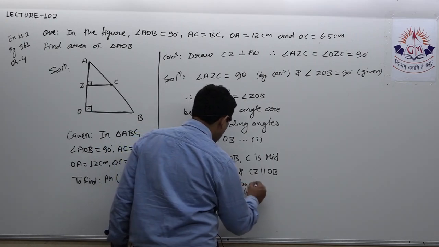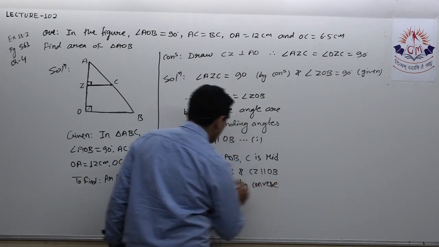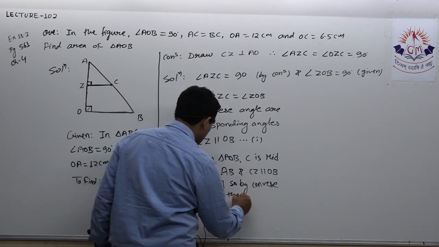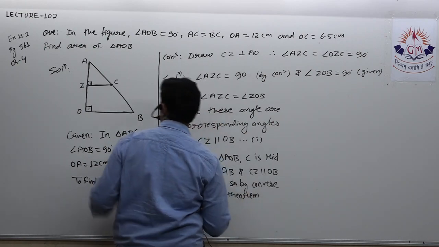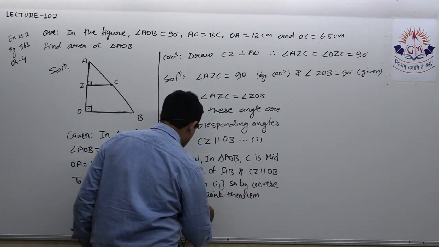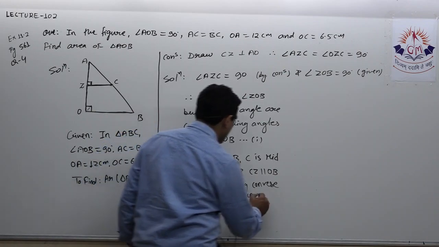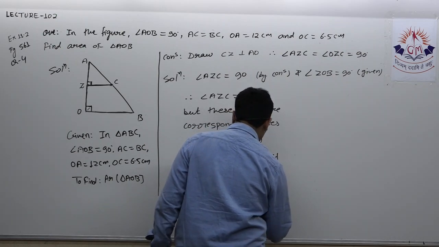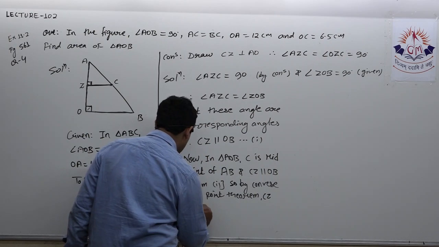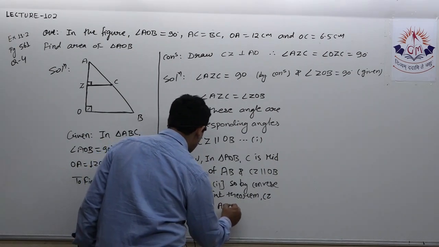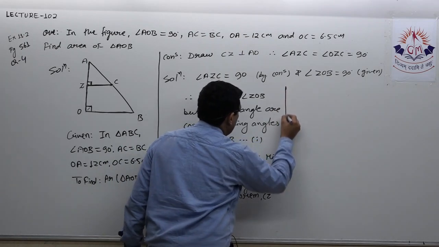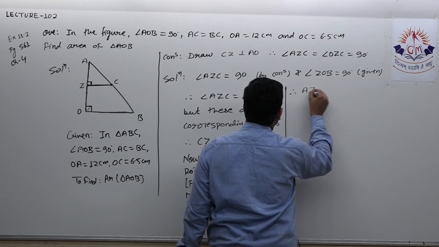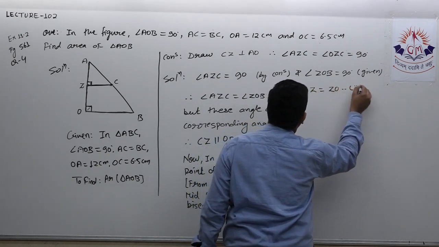So by converse midpoint theorem, CZ bisects AO. Therefore, AZ is equal to ZO. Let it be second.